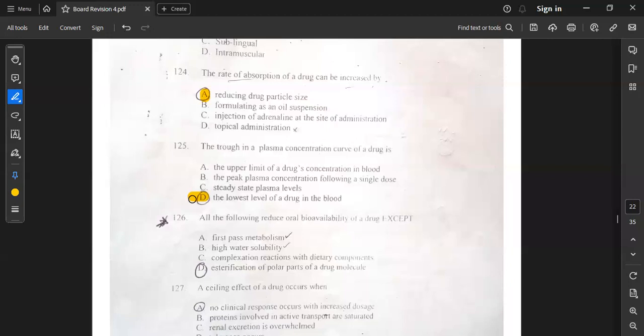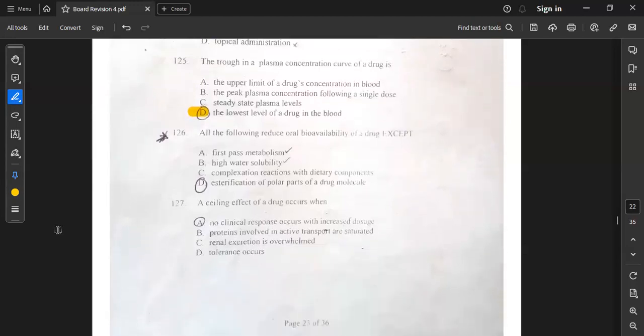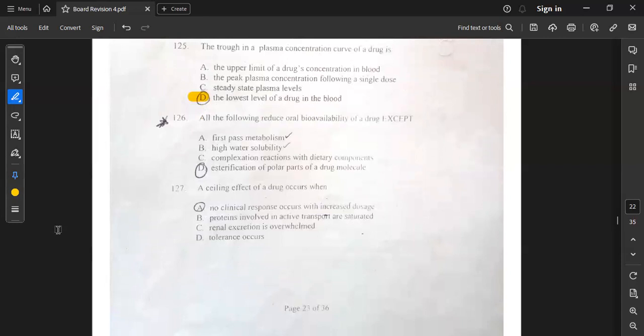Based on that, now on the esterification part. We know esterification doesn't occur on just any polar functional group. It occurs primarily on the carboxylic acid and the alcoholic OH. And based on what I'm finding, if that carboxylic acid or alcohol undergoes esterification, the solubility in water does decrease.